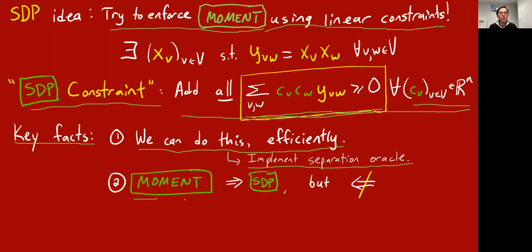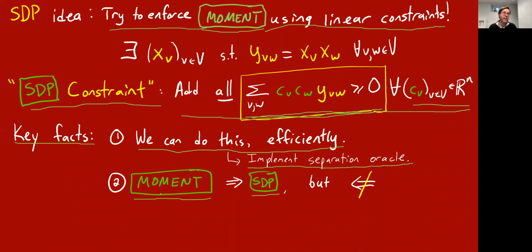Second, remember these moment constraints imply the SDP constraints, but it's a fact that they're not equivalent. Okay, so what we've done here is made a relaxation. We had a program that exactly captured max cut, the original LP with the moment constraint. We relaxed it to the original LP with this SDP constraint, which is now an LP with infinitely many constraints, and we can solve it.